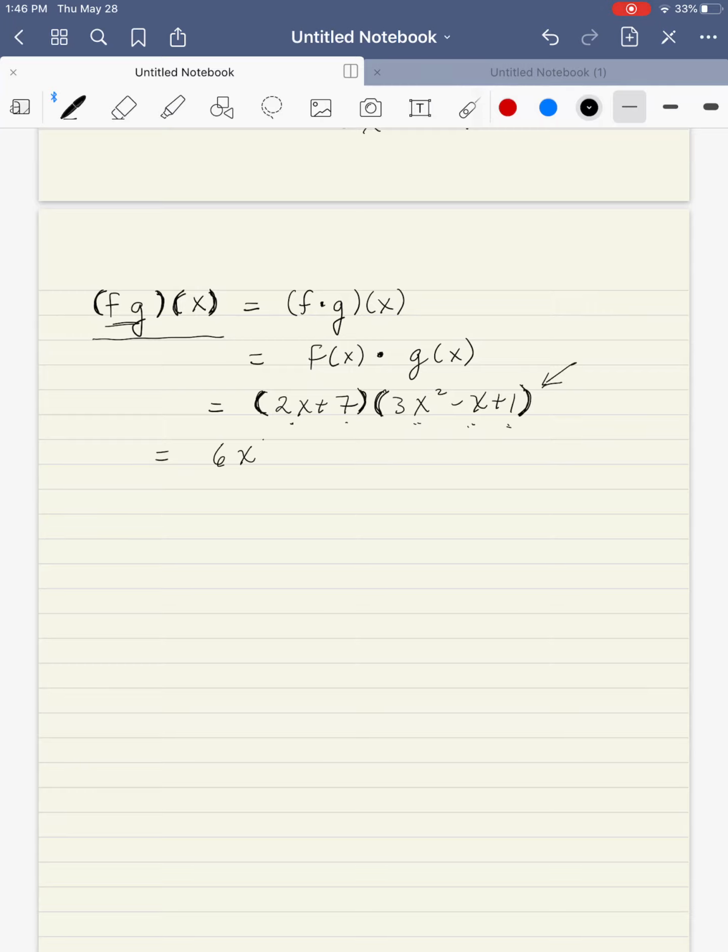And I have 2x times 3x squared is 6x cubed. 2x times minus x is minus 2x squared. 2x times 1 is plus 2x. I'm sorry, I said 7 times 3x squared, I meant 2x. It's harder to say it than it is to do it.